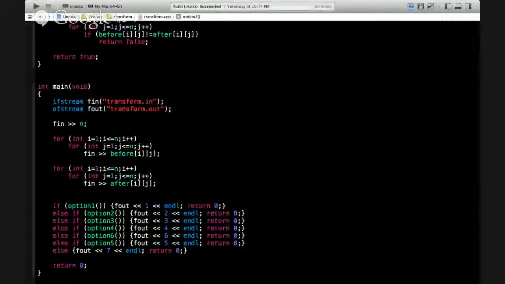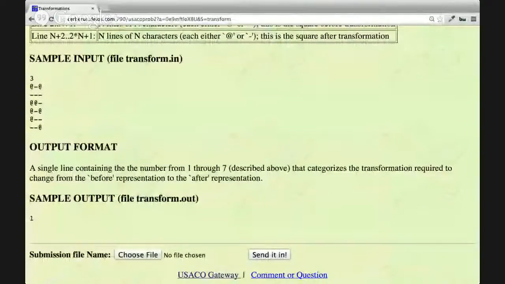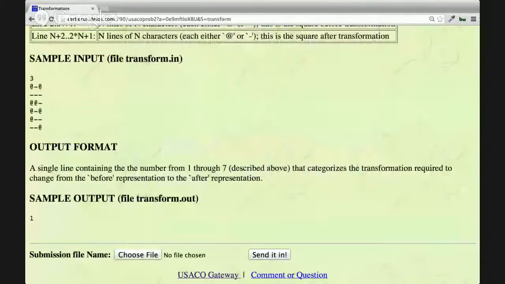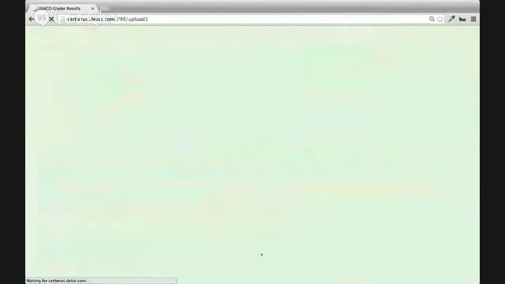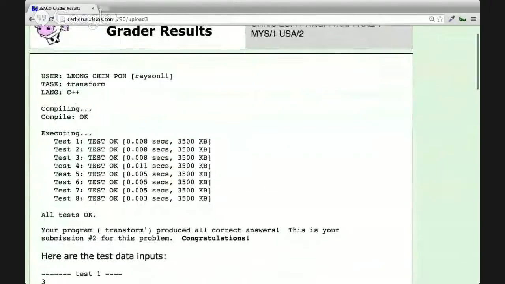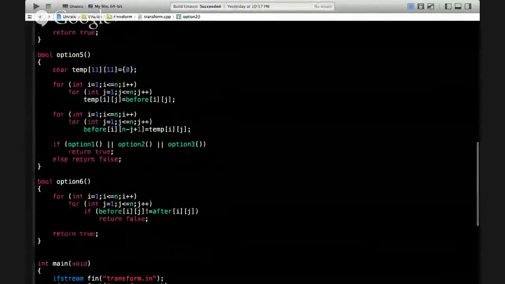Here is some sample. Let's test whether this code runs or not. Send it in. Yep, and that's it. Basically, all you need to do is brute force all the possible answers.